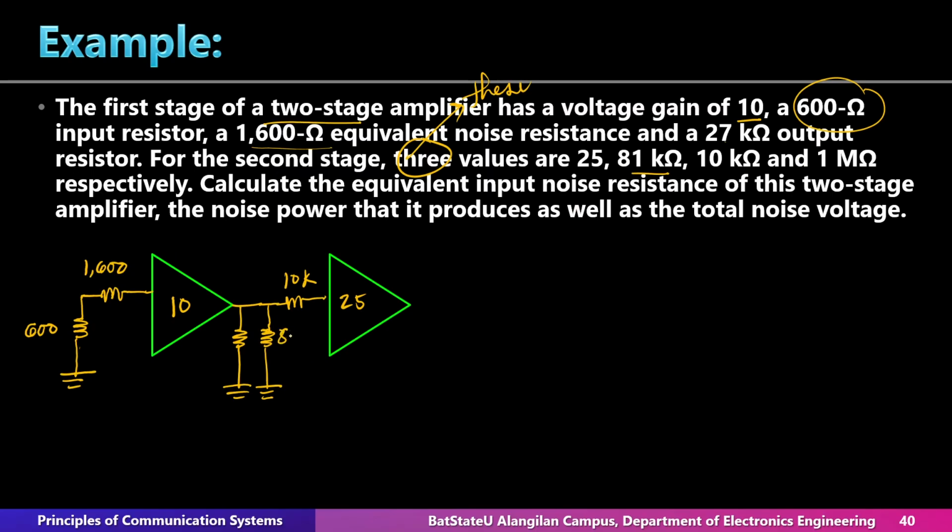O, lagyan natin ng label, 81K. This is 27K. Itong dalawa naka-ohms yan. So, yung output stage ng second stage, may output resistance na 1 mega ohm.